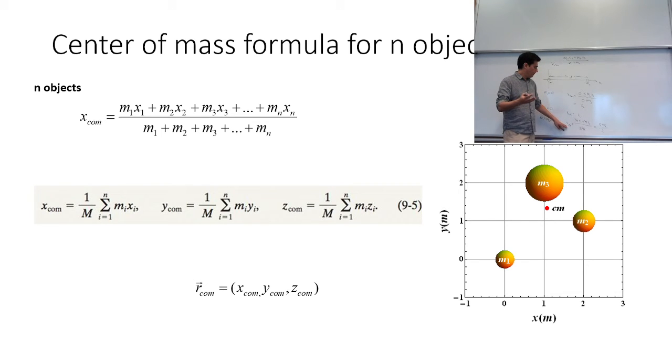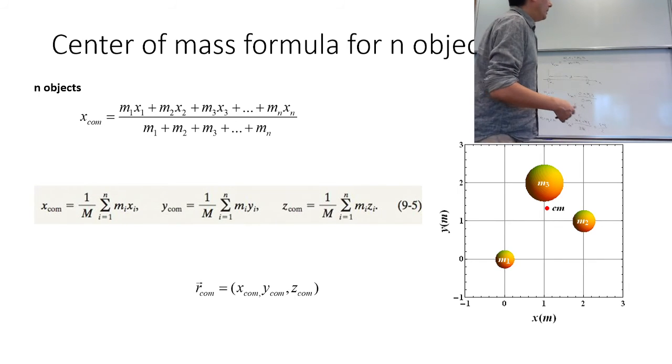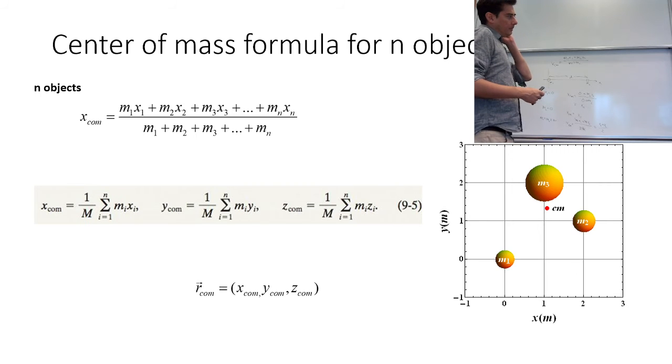Although you've got masses in here, because you've got the masses on the top and the bottom, any units that you use will always cancel out. So you could just use grams or any units and it wouldn't matter. So for n objects, you can generalize the center of mass like this.